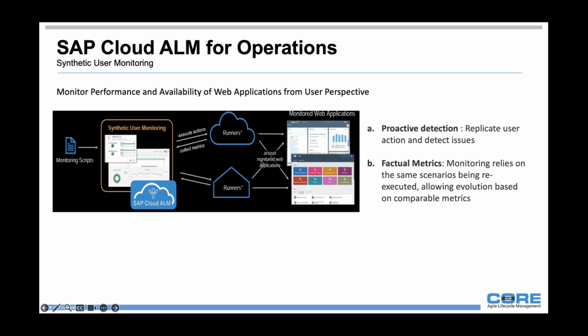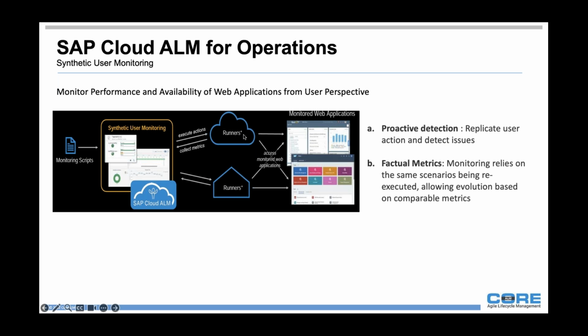A pretty good example is you have a web application where you want to monitor the availability of it. Users are trying to access this, but it is not available. So you could proactively detect whether this application will be available for the user or not using the script.